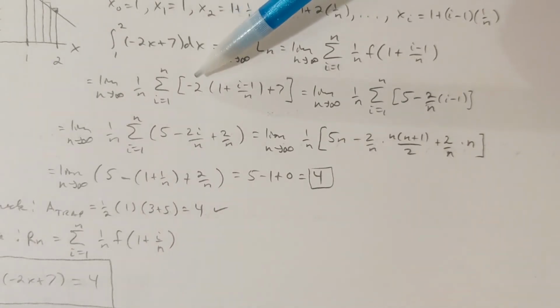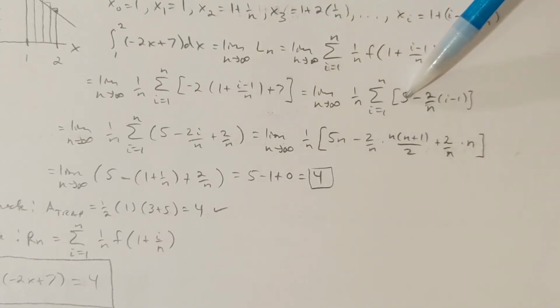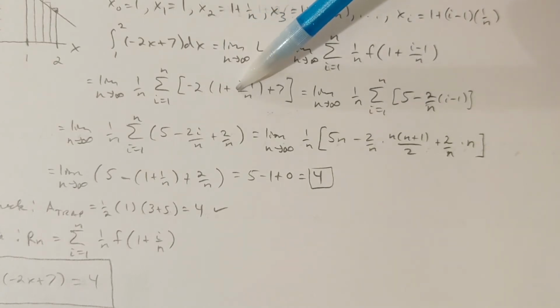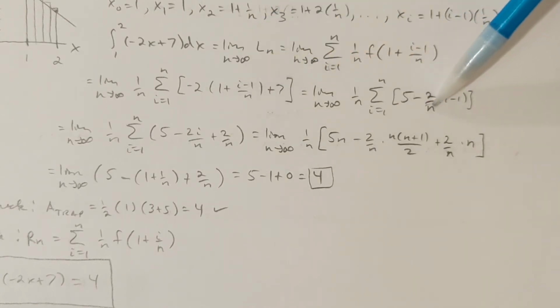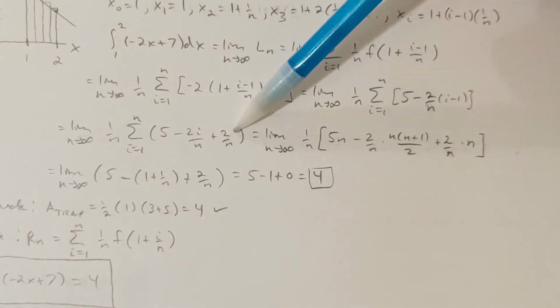So, okay, I'm going to have negative 2 plus 7 is 5. And when I distribute the negative 2 into this part, it's going to be minus 2 over n times (i minus 1). You can then also distribute the negative 2 over n into these 2 terms here, and that's what I've done in the next line.